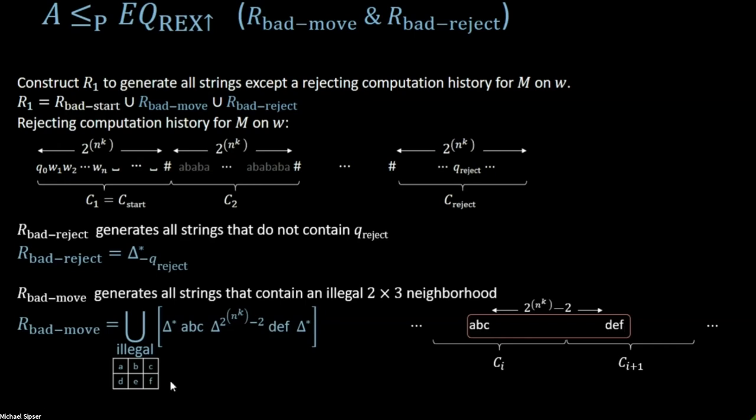Are there only polynomially many illegal neighborhoods? That's where I kind of corrected myself. It's not illegal neighborhoods that we're talking about, because the number of neighborhoods in this picture is vast, but the number of neighborhood settings, the ways to set these values to A, B, C, D, E, F. These are symbols that can appear in a configuration of the machine, so there's only a fixed number of symbols that depend upon the definition of the machine.